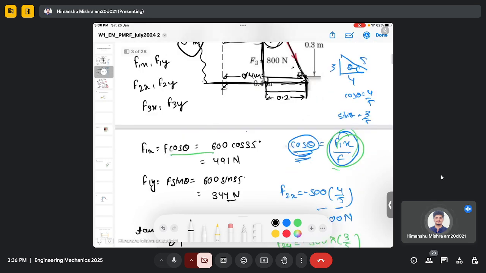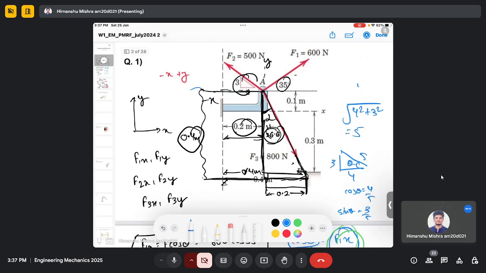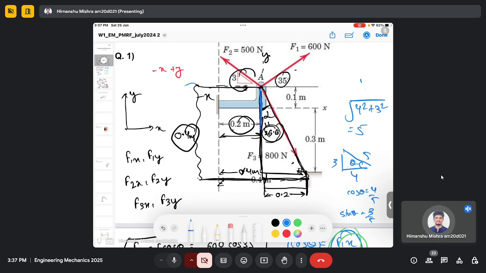Then we can use these formulas to calculate the components. So here just notice that this angle is from the vertical direction, right? So to calculate f3y, we have already been given this f3 which is 800, so my f3y will be f3 cos alpha, right?